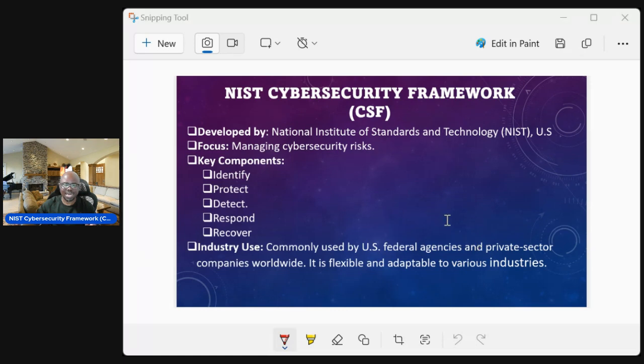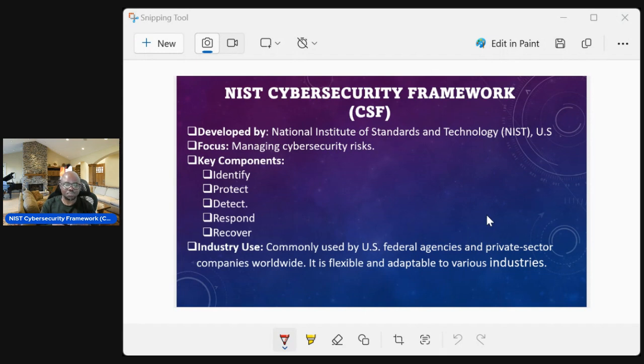So we'll be looking, at a very high level, at the different components of this framework. As you can see on my banner, I've listed them. This CSF has 5 key components, and I'm going to be talking about the components and the tasks, or what we can call the key activities under each component. So now let's get started.